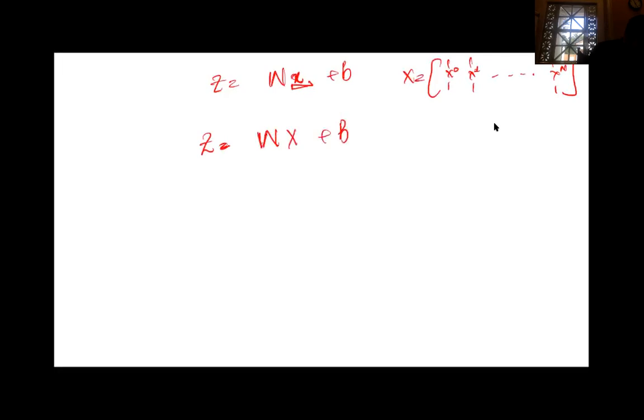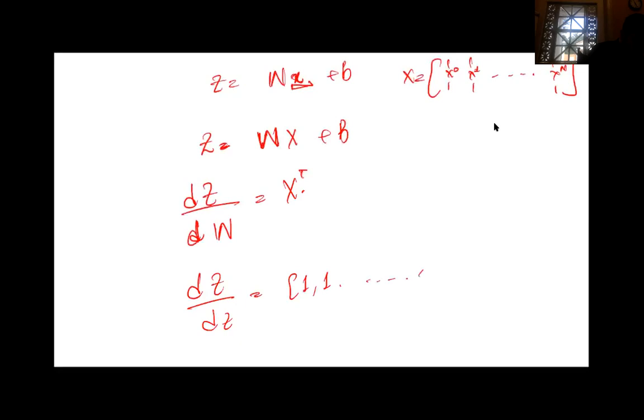And this is a matrix now. So if you take the derivative of z with respect to the matrix W, this is equal to X transpose. And if you take the derivative of z with respect to b, this is just a vector of ones. This is 1, 1, 1.